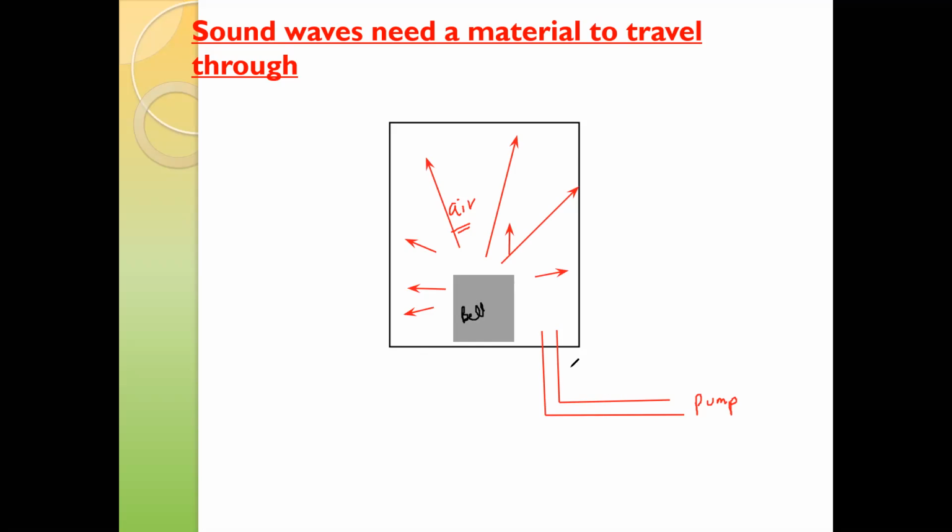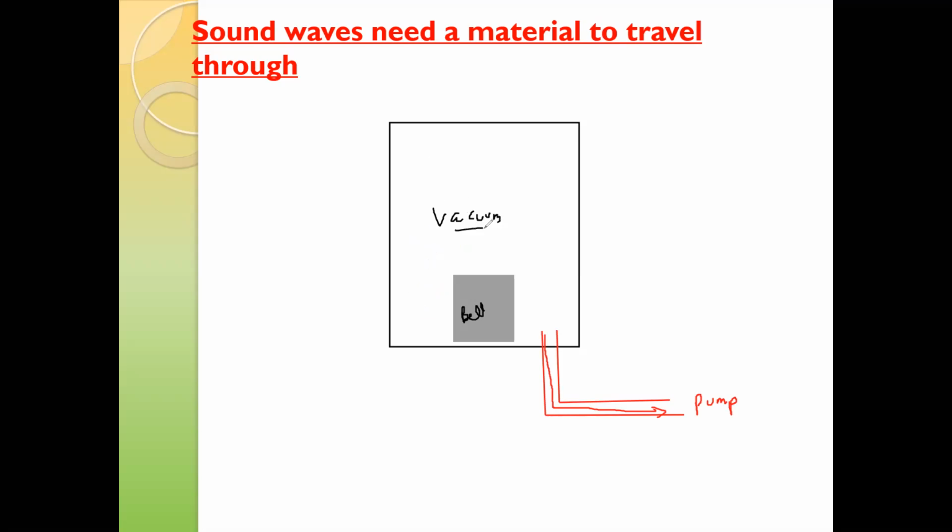Then we will gradually remove this air out by using a pump. When we remove the air, we will observe the intensity of the sound decrease. The sound is getting lower, and eventually there is no sound at all. What does that show?